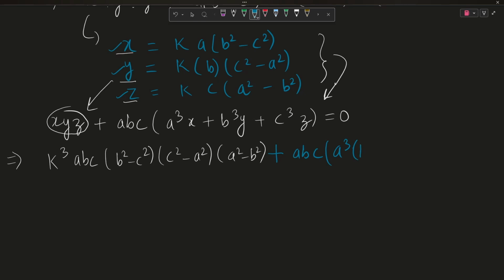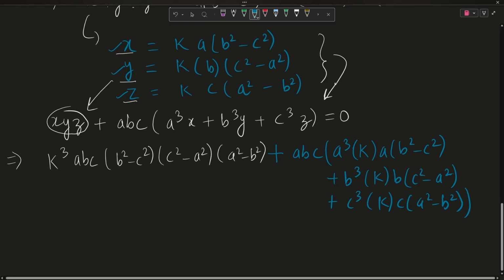The value of x is k into a into b square minus c square, plus b cube, again k into b into c square minus a square, plus c cube k into c into a square minus b square, right? So this is how we can substitute these values.